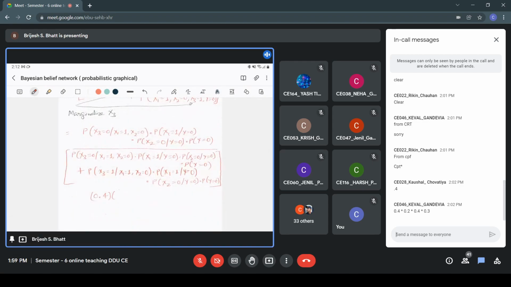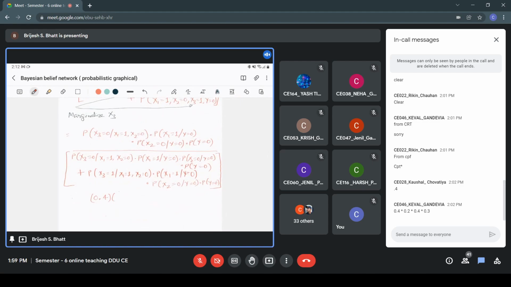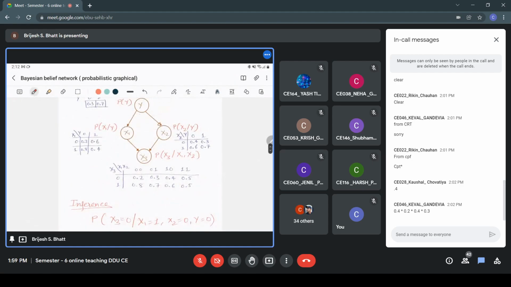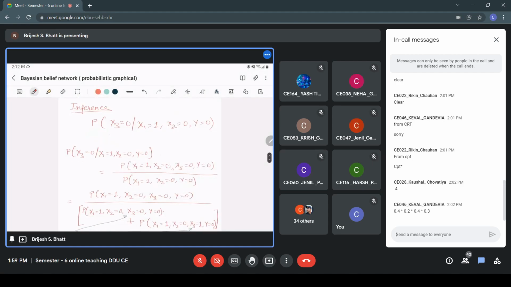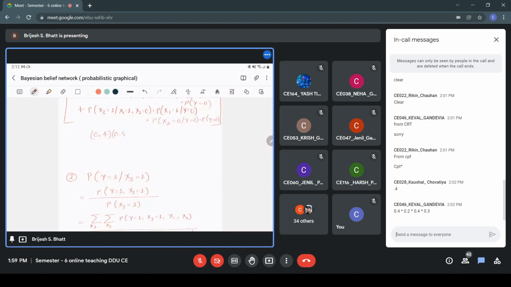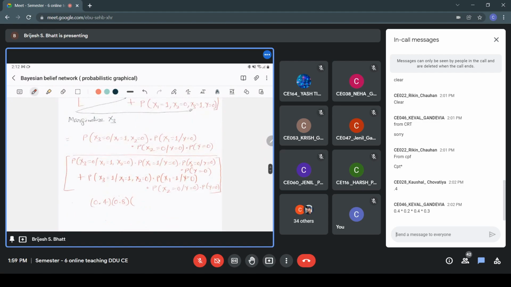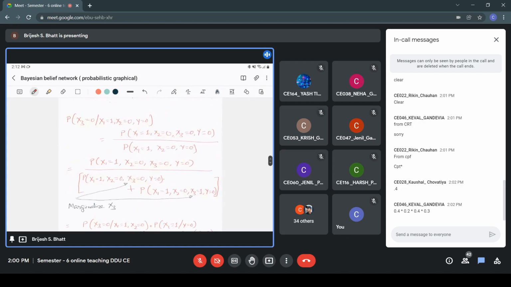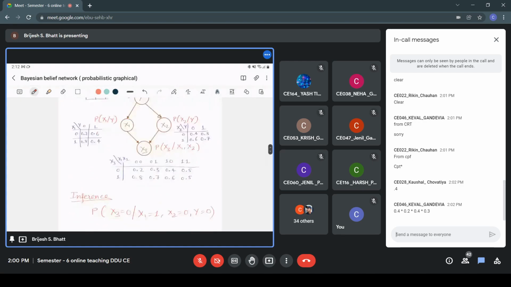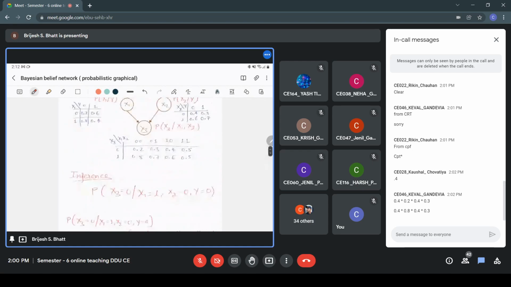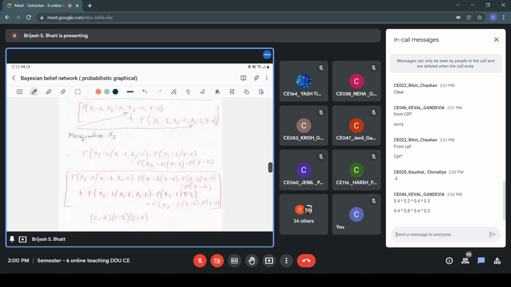Into probability of x1 equal to 1 given y equal to 0 is 0.8, into probability of x2 equal to 0 given y equal to 0 is 0.4, into probability of y equal to 0 is 0.3.